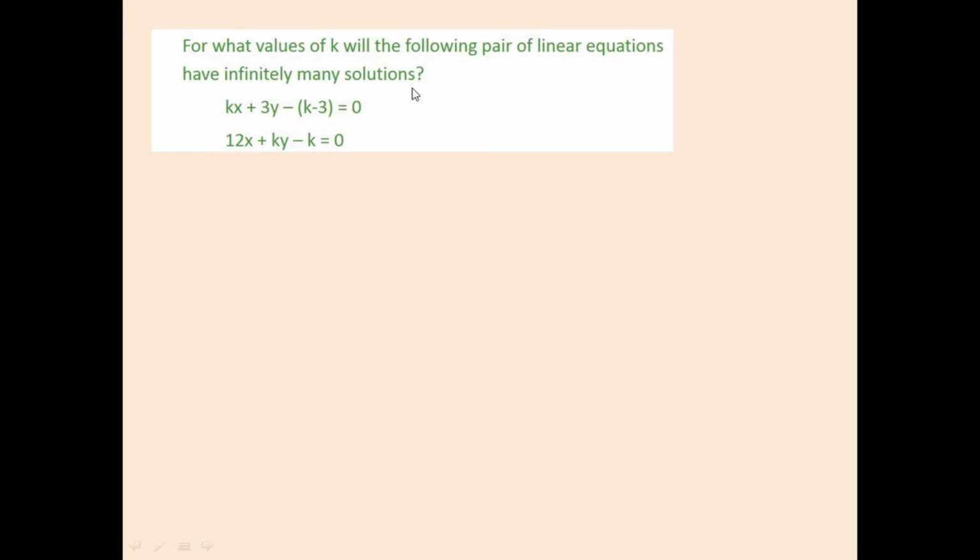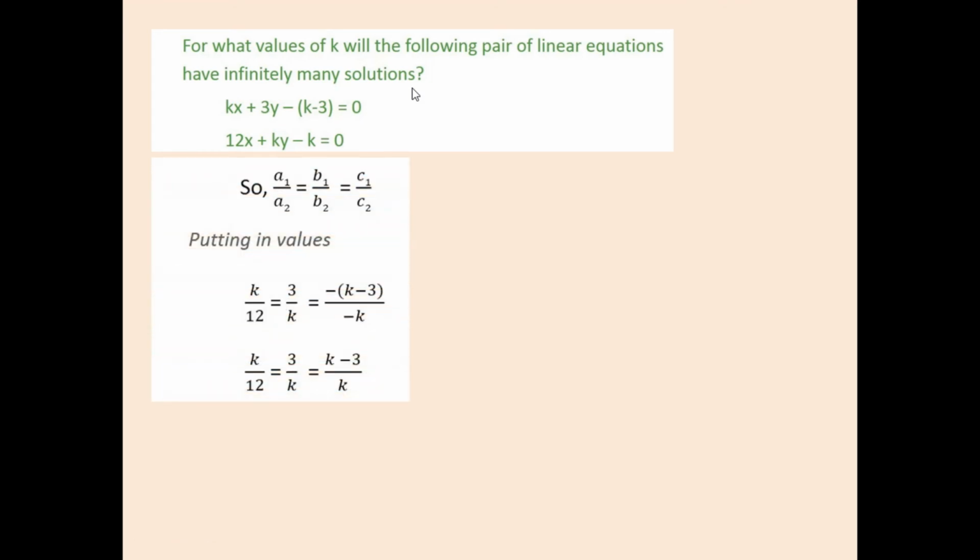So step one would be, again, we extract the coefficients: a1 upon a2, b1 upon b2, c1 upon c2. So the coefficients here are k and 12, so k by 12, 3 and k, so 3 by k, minus of k minus 3, and minus of k over here. All right.